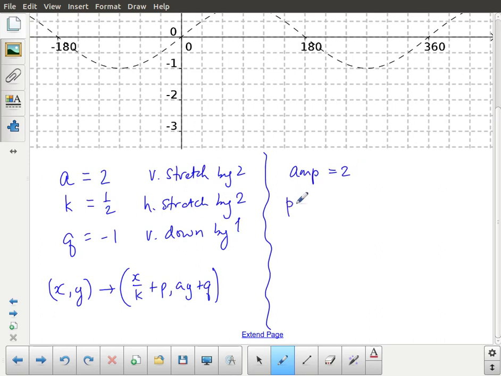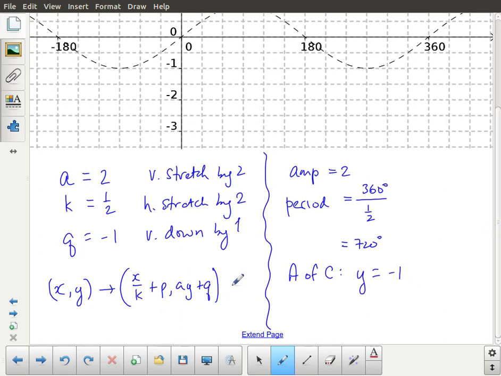The period, which is worth writing out, is going to be 360 degrees divided by k, but that's 360 degrees divided by 1/2, which is 720 degrees. So the period has doubled. So this horizontal stretch has doubled the period. And then the axis of the curve is going to be along the line y equals -1.